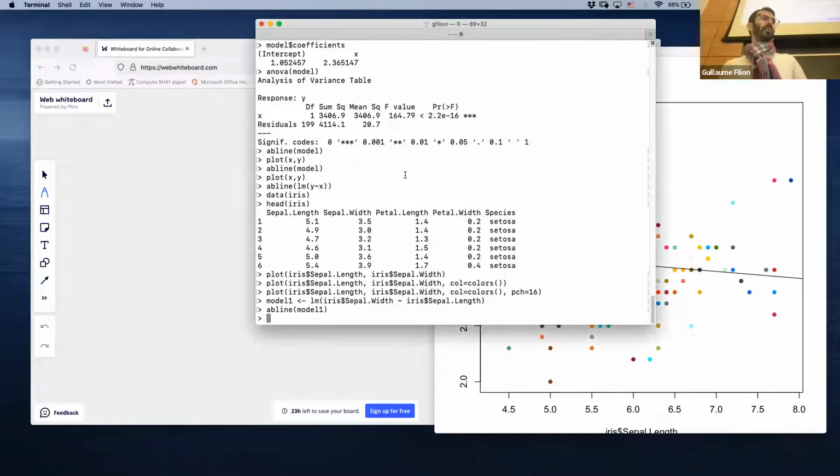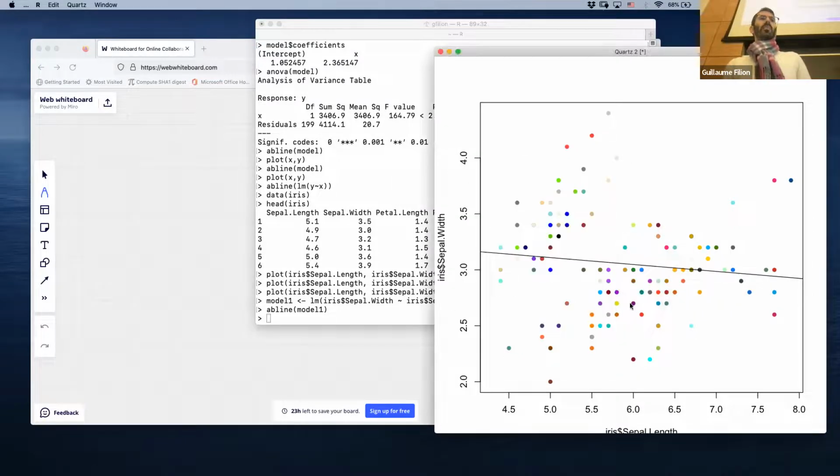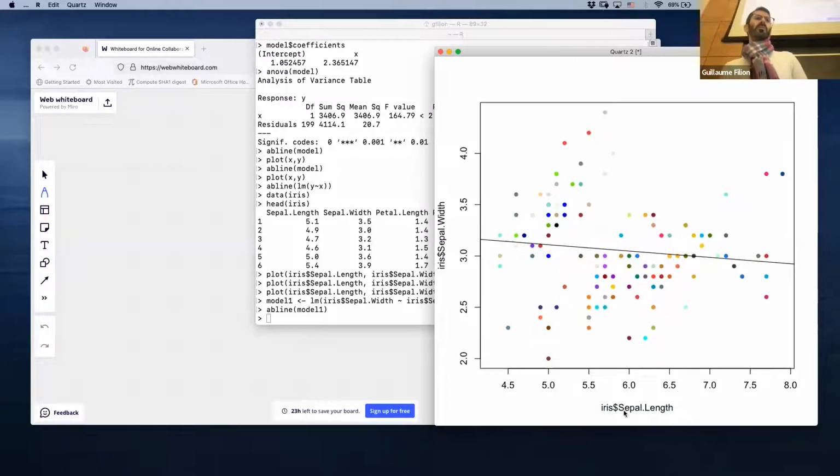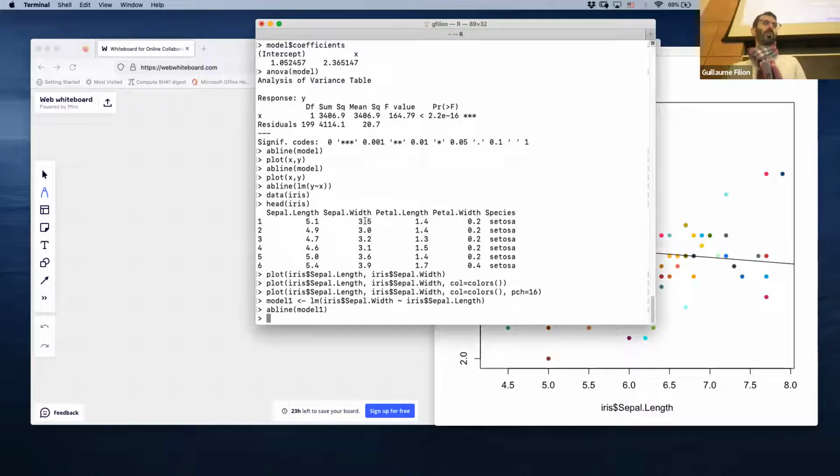Well, okay, interesting. But I've taken x as the sepal length and y as the sepal width because sepal length was the first column and sepal width was the second column. But there's no reason to actually choose that. There's no reason why the sepal length is intrinsically the better choice for x. So let's plot the data in another way.